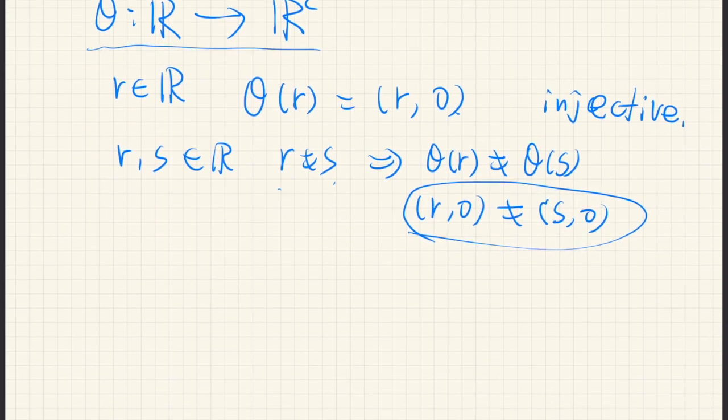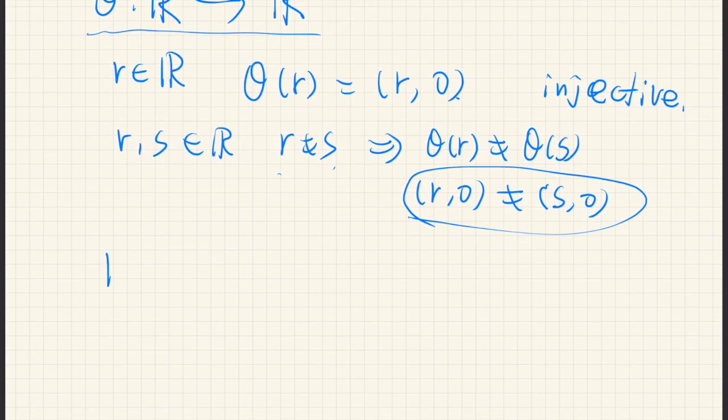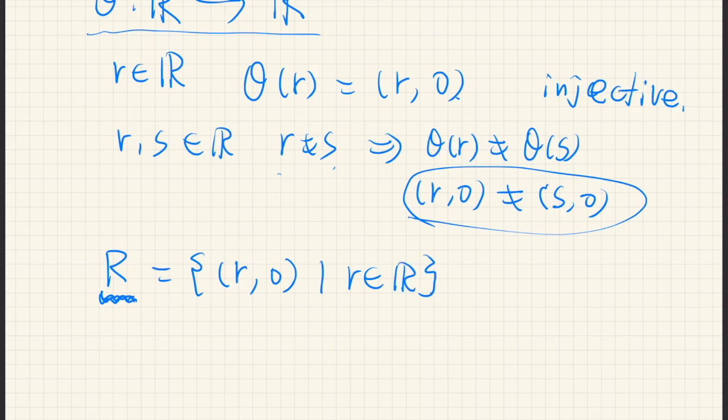And then consider a set, let's write it like this, R with a wavy line, as the set of all pairs with the first element being real and the second element being 0. Okay, this is obviously a subset of R squared.